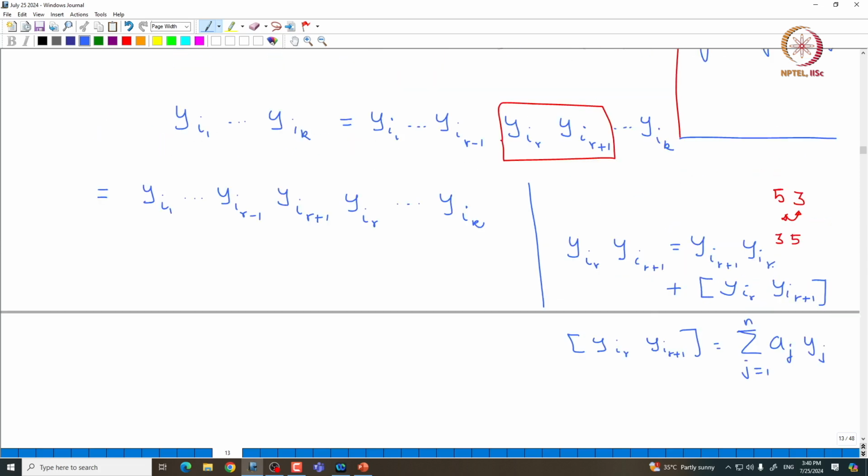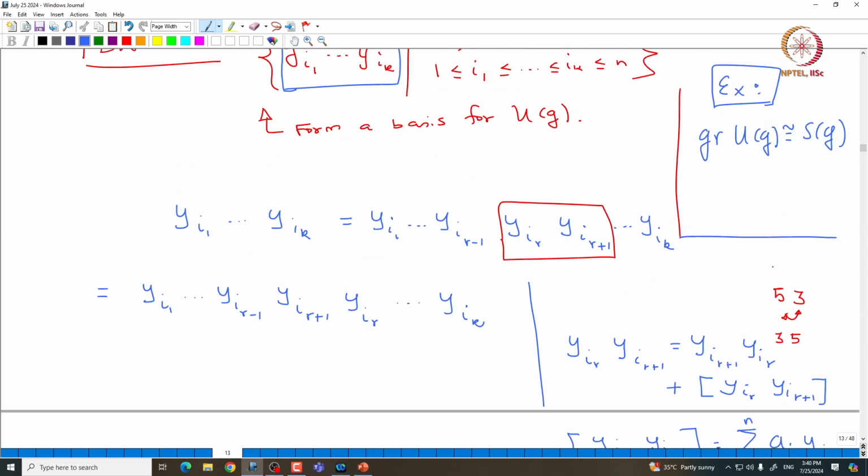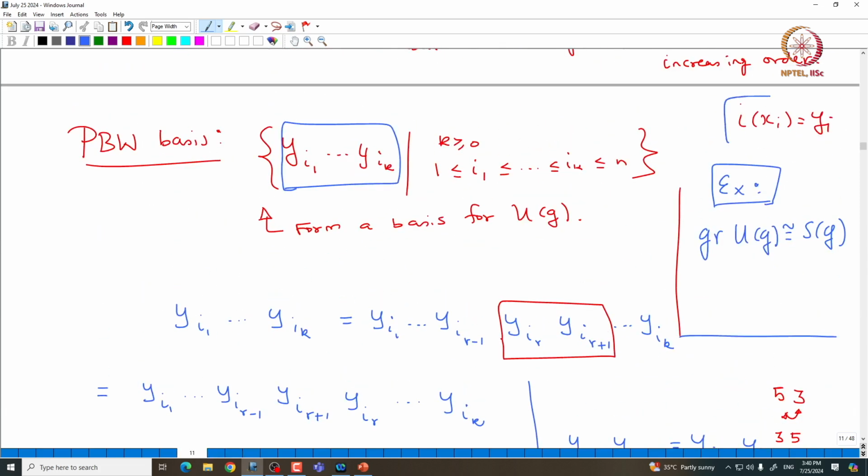Note that yj is nothing but the image of xj.